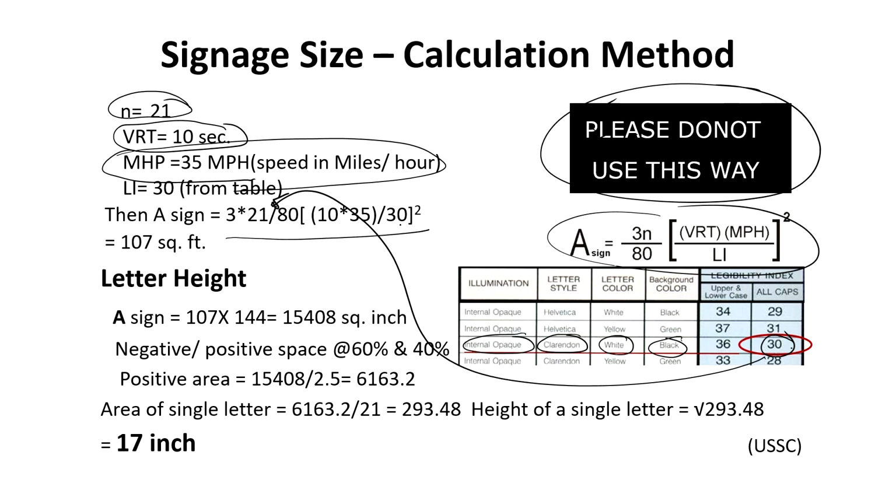We find this value of 107 square feet. So, we got the area of this. Now, we have multiplied by 144 to convert that from square feet into square inches, since the letter height we will be measuring in inches.